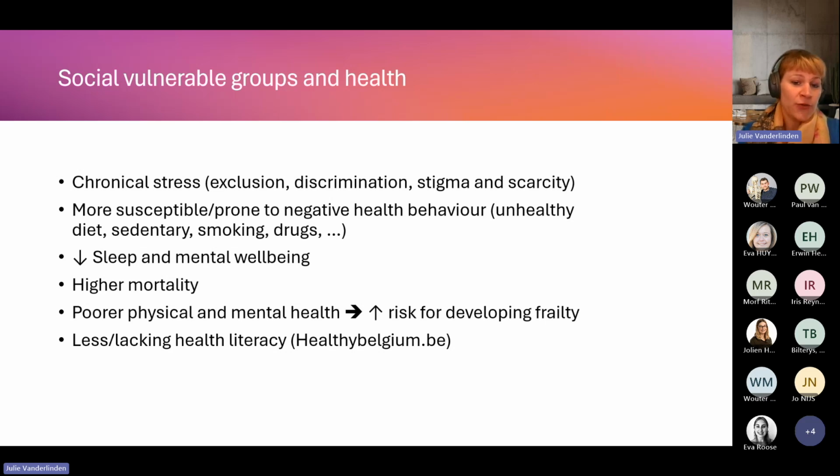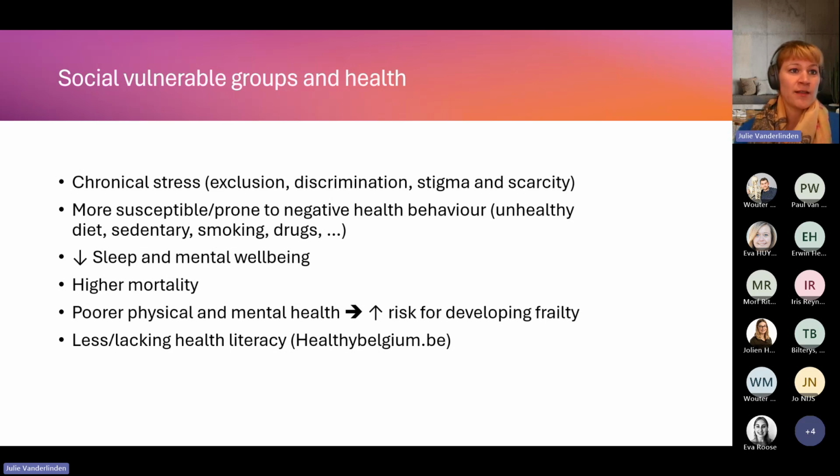We also know that vulnerability can be inherited, so if it's socially inherited, you get it from your predecessors and previous generations. And if your environment is not stimulating you to take up healthy behaviors because they haven't learned so or don't know the importance of healthy behavior, then health literacy is also lacking and even missing.